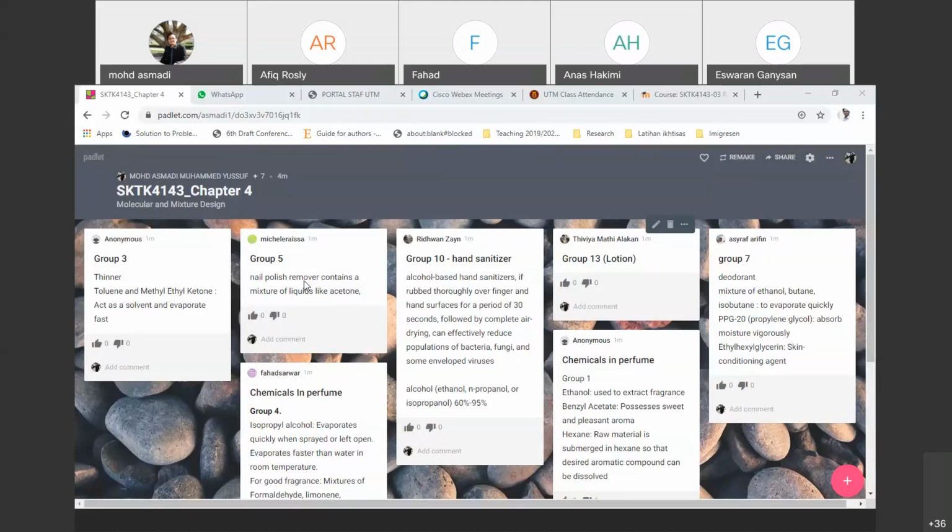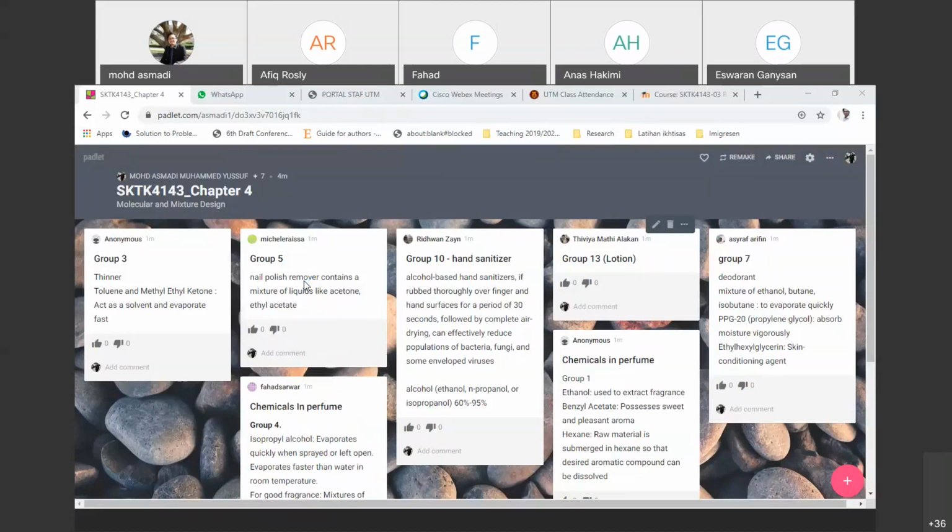That's good. Toluene and methyl ethyl ketone act as solvents and evaporate fast. Nail polish remover contains a mixture of liquids like acetone. So for the needs function, from the qualitative we can measure quantitatively. You have to remember that it can evaporate at room temperature. That is quantitative.